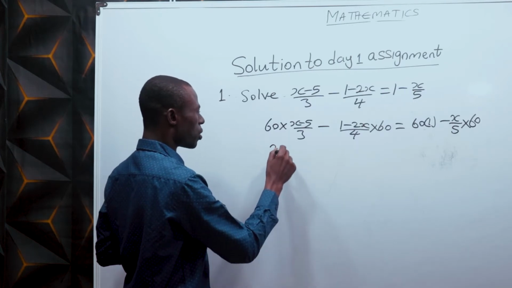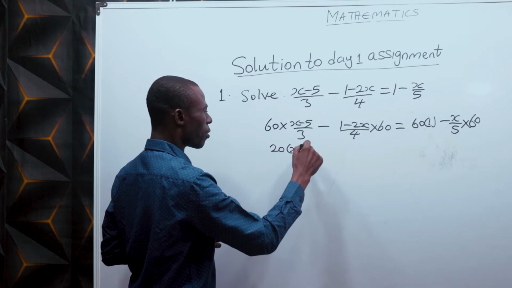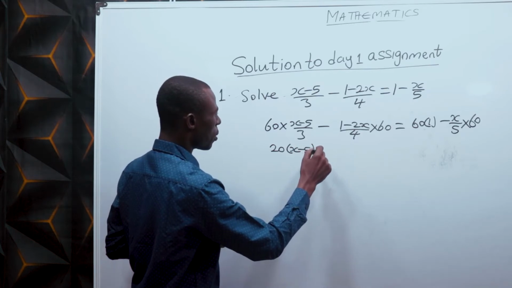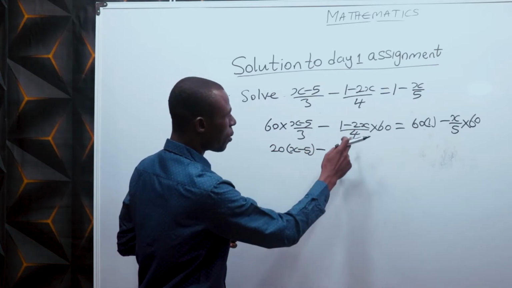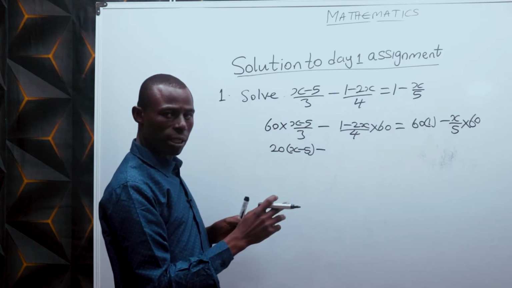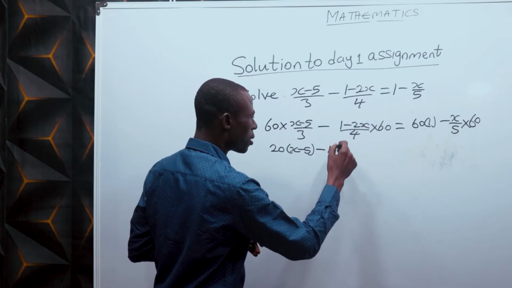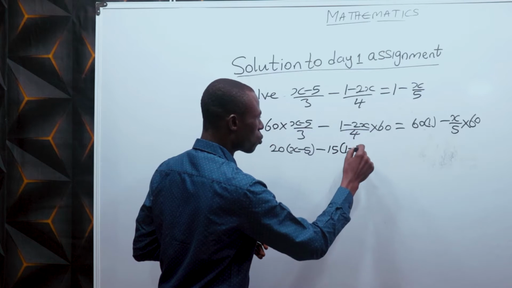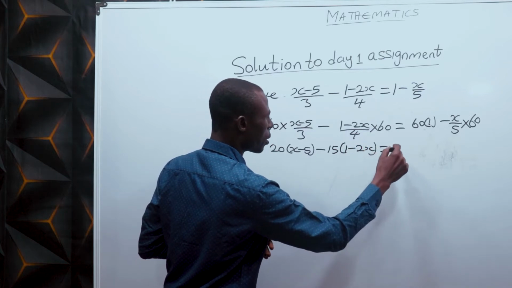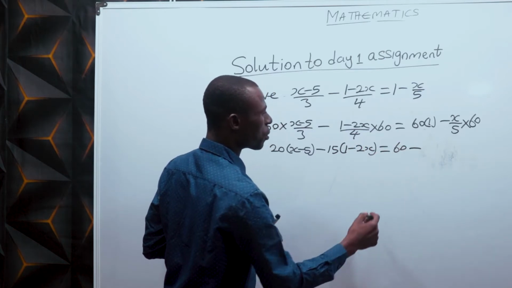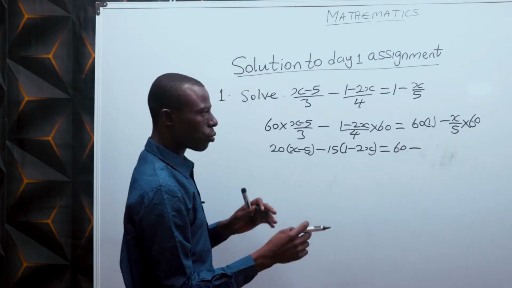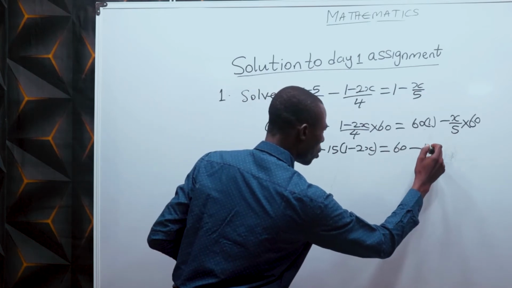You have 20 into (x minus 5), minus 4 in 60 gives 15. You have 15 into (1 minus 2x), which is 60 minus 5 in 60, that's 12. 12 times x, 12x.